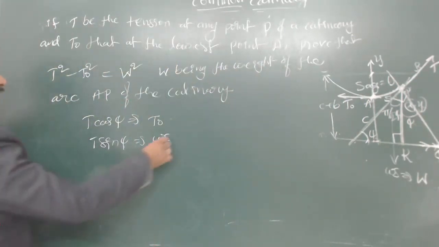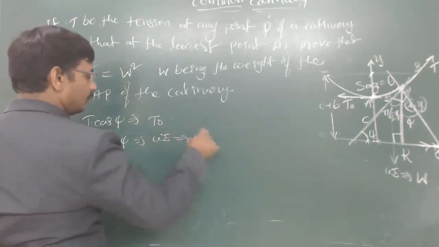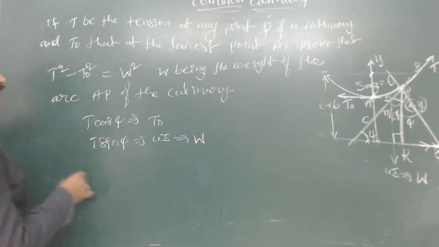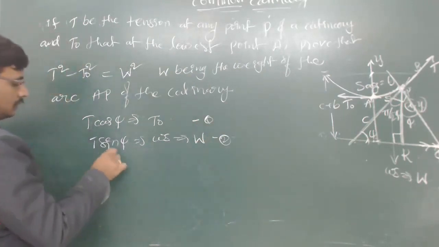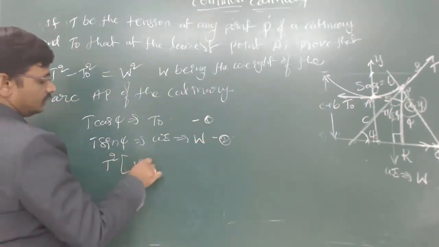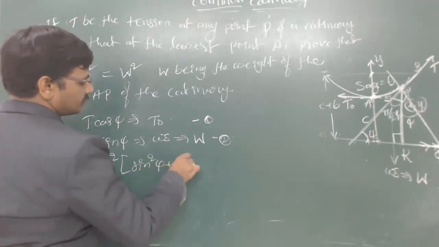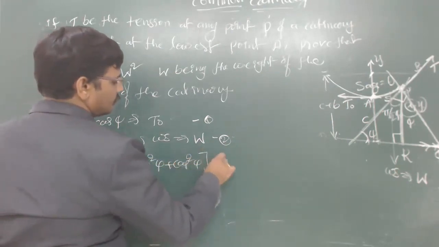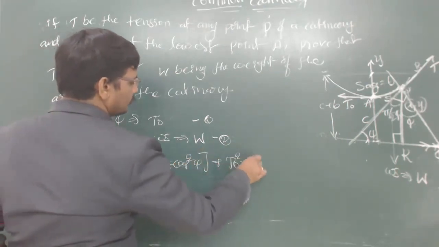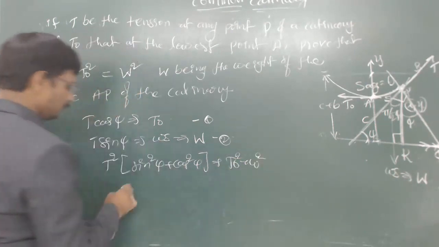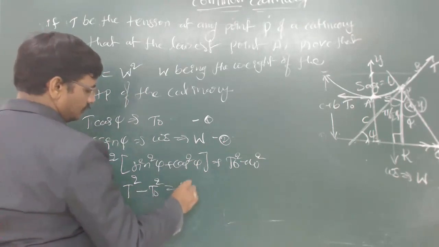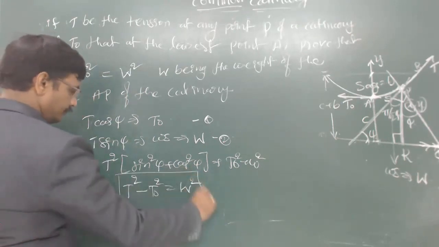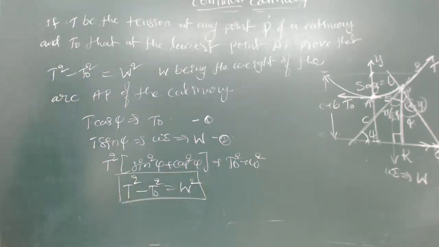Now if I square it and add on either side, this is T square into sin square psi plus cos square psi is equal to T naught square plus W square. So T square minus T naught square is equal to W square. Got it? Note down one more.